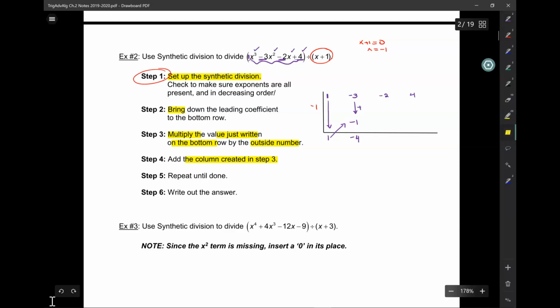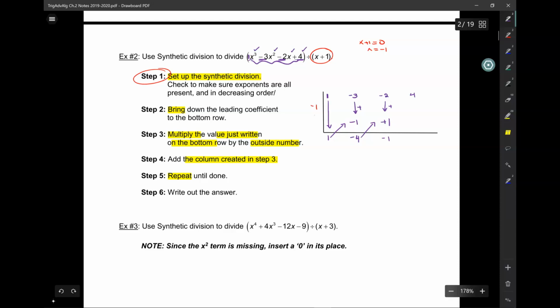And then I basically repeat until done. So basically, anything that makes its way to the bottom row here gets multiplied by the outside number of -1. So -4 times -1 is +1. And then once I write it over there, I need to add these two, and that becomes -1. Okay, another number made its way down here.